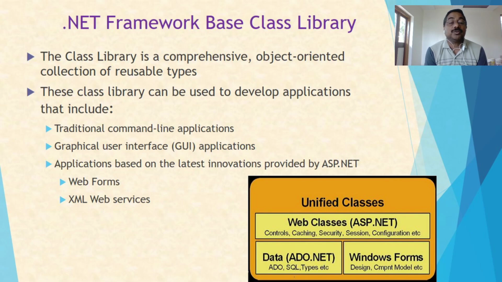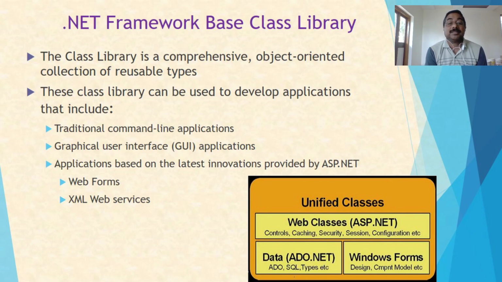So it contains two types of forms, that is web forms and XML web services. So this is the base class library, where all the different types of code and all the different built-in functions are written.